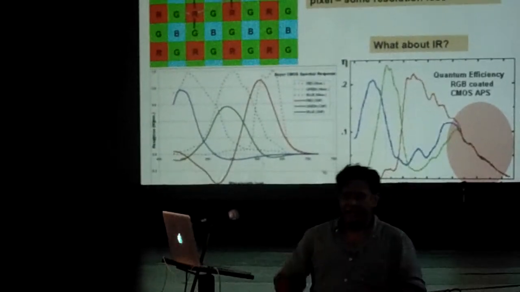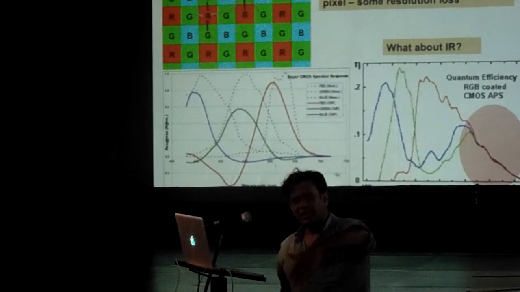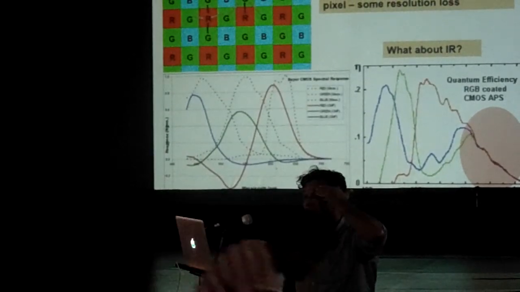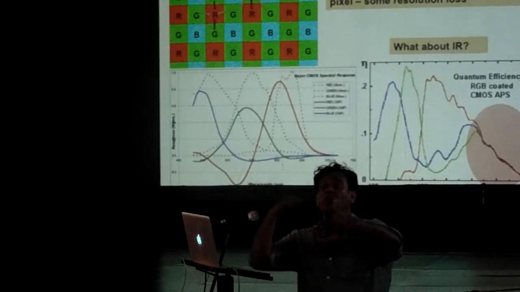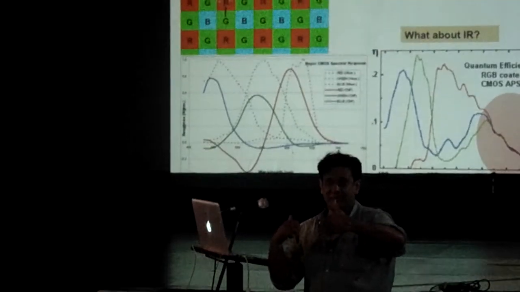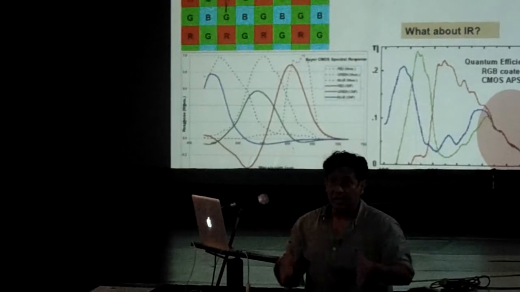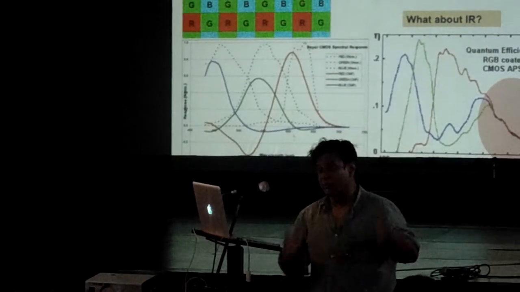Suppose you go outside and you put ND filters. The ND filters is going to cut your visible light, but it will not cut your IR light. So if you put a lot of ND, like ND3, ND6, you're cutting down a large amount of visible light.